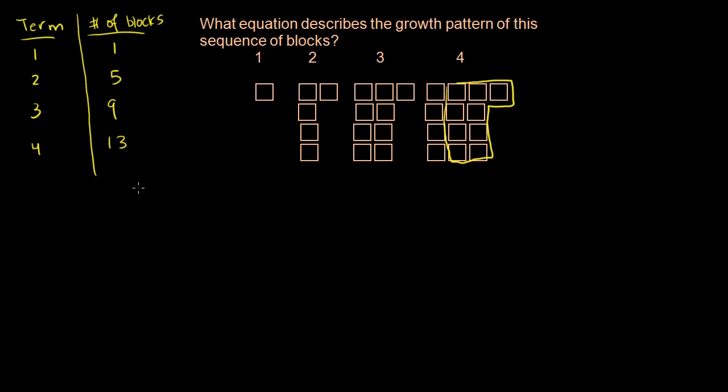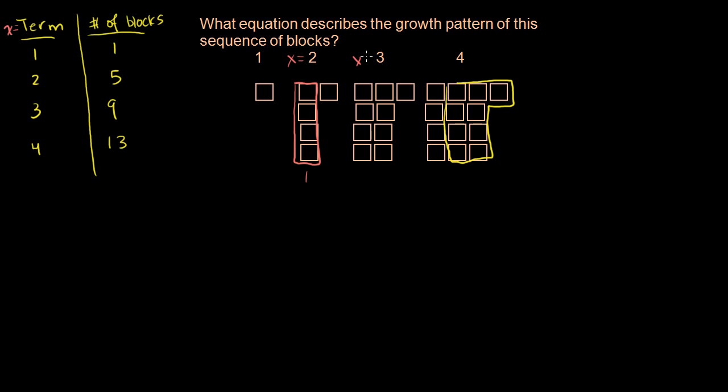So let's see if we can come up with a formula, either looking at the graphics or maybe looking at the numbers themselves. So when x is equal to 1, let's say that x is equal to the term, we add just this 1 there. Then when x is equal to 2, we added 1 column of 4.